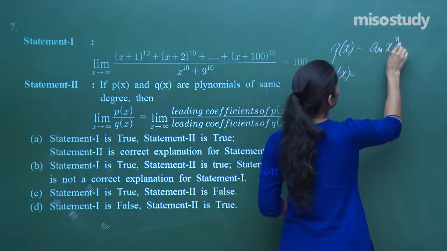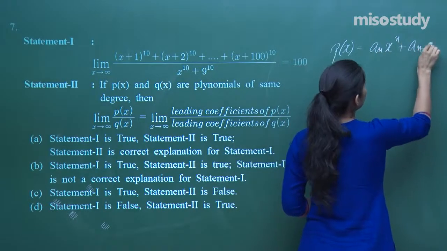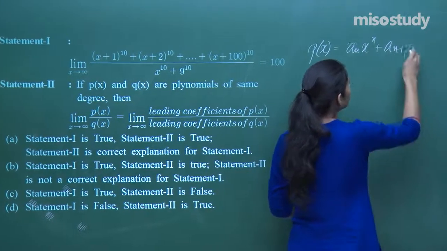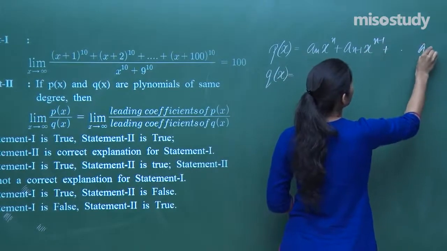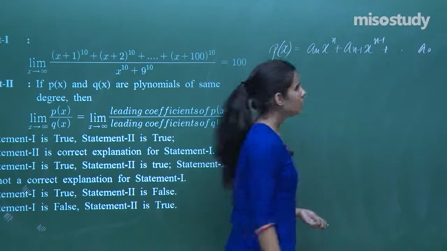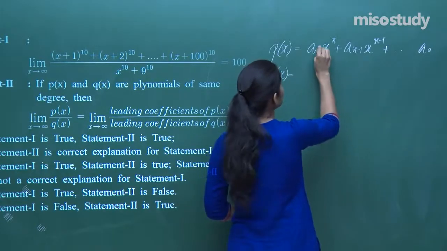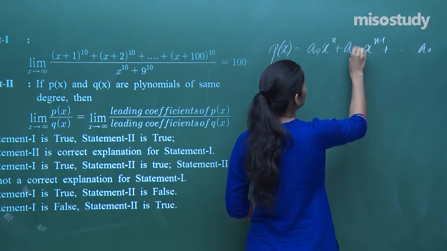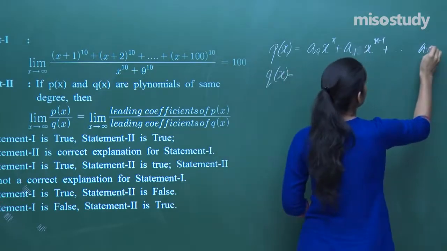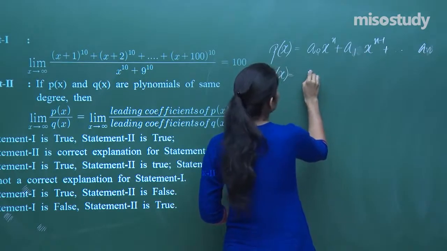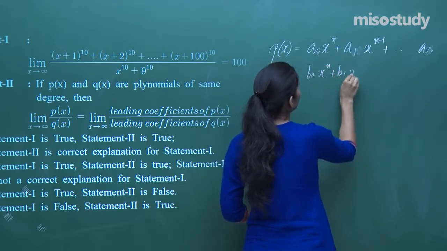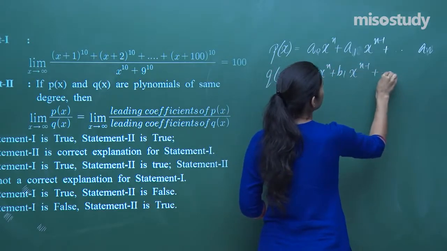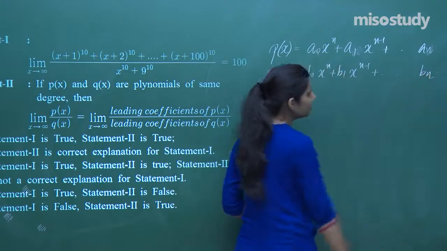a naught x to the power n plus a1 x to the power n minus 1 plus and so on an, and qx again I am taking as b naught x to the power n plus b1 x to the power n minus 1 plus and so on bn.